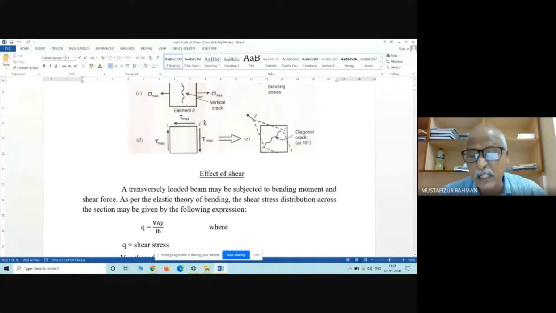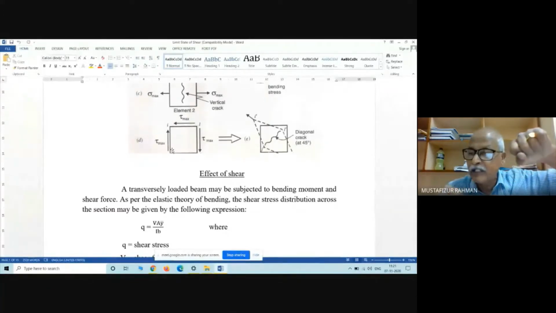Now see this figure here. This has a tendency of extension, and this has a tendency of contraction. And because of this, along this axis, it has a tendency of tension failure. It has a tendency of tension failure.